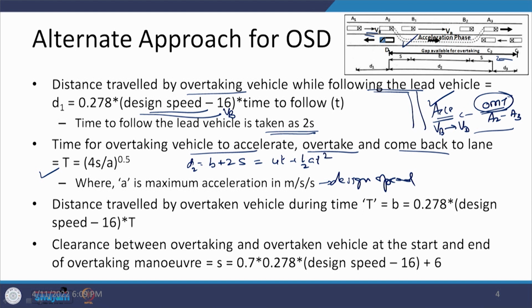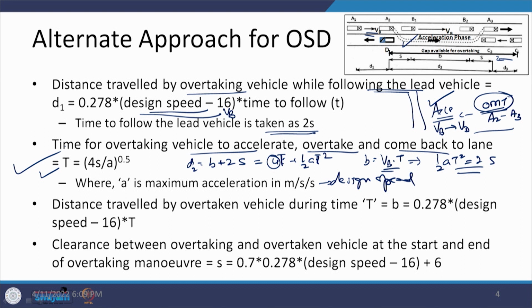Here I consider t as capital T, because we are talking about the time in which this movement happens. The b distance is basically Vb into T, where u is Vb. With this analogy, half a T square equals 2s, and that gives T equals the square root of 4s divided by a.